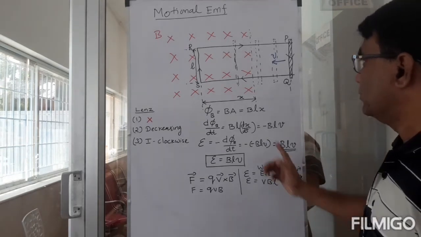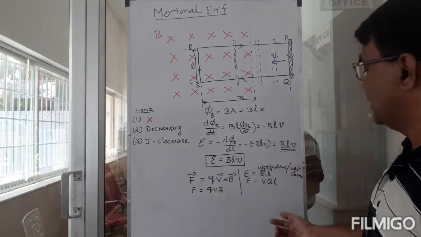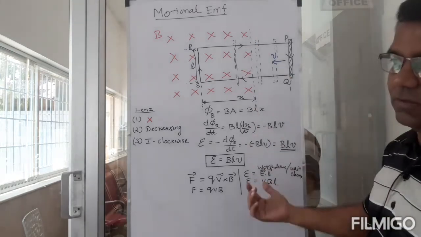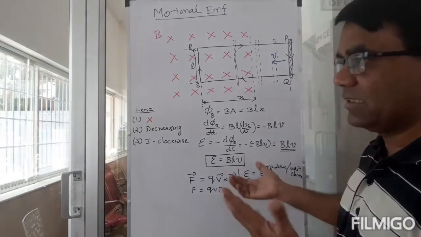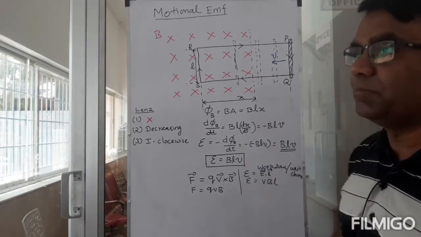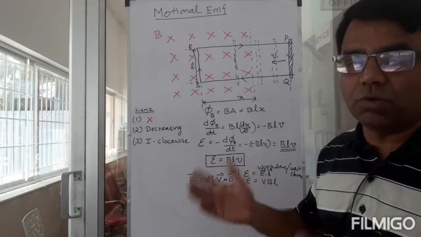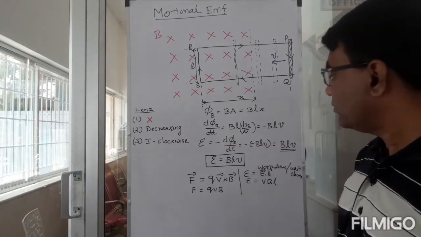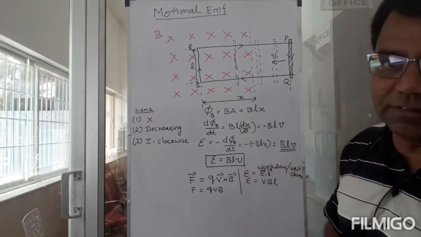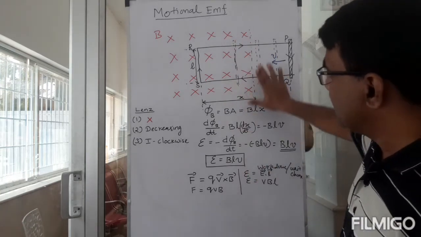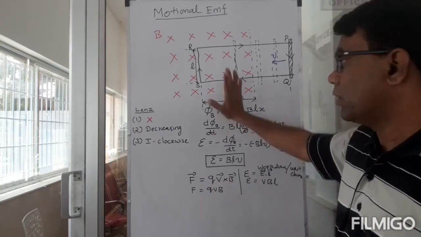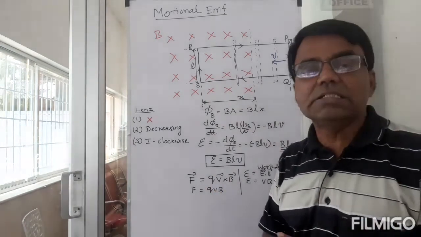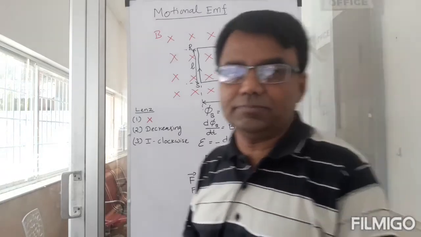E direction and L direction are the same, so cos theta will be positive. So let us make cos theta 1. So this will be VB. So you get the same expression here. So this is Faraday's view of what's happening, and this is Lorentz's view of what's happening, and they both mean the same thing. Hope this is clear to you.